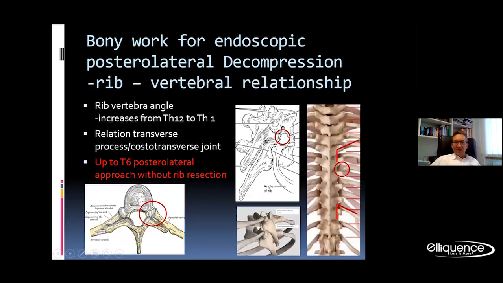So when you look here, you see in this picture how different the rib angle is according to the level. And this gives you different options for the approach. And this is the area at the end you have to remove to come into a proper foramen. And this you have to do when you place your cannula with the reamer and the high-speed burr to make a proper approach.